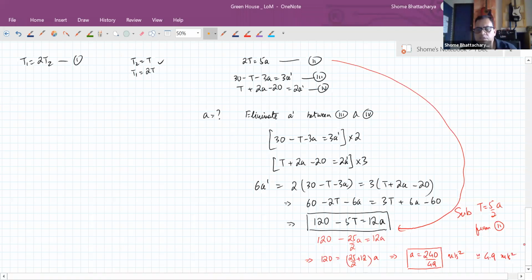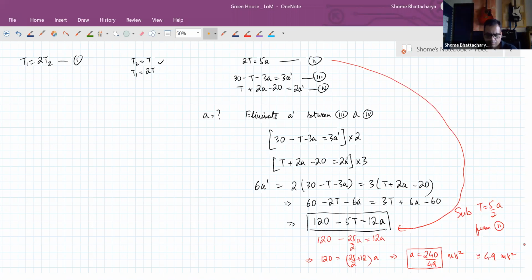We rounded off to first place of decimal. Okay. So now from this we can calculate the value of A prime, for example. So we can substitute in this equation or this equation and we can calculate A prime.